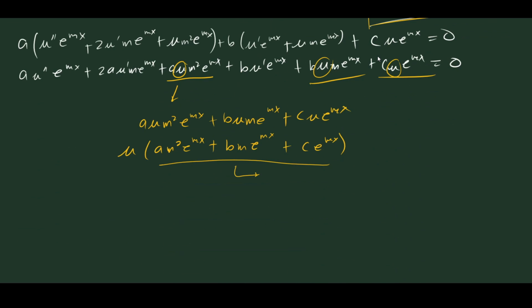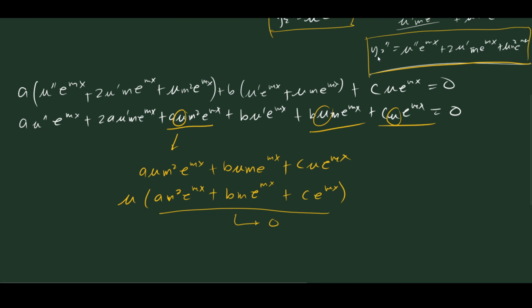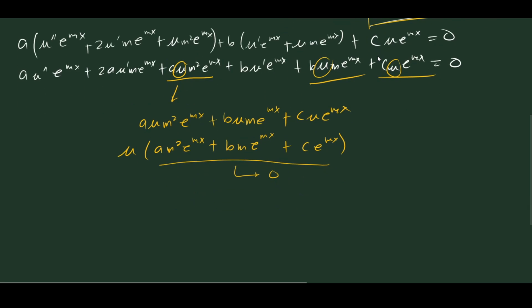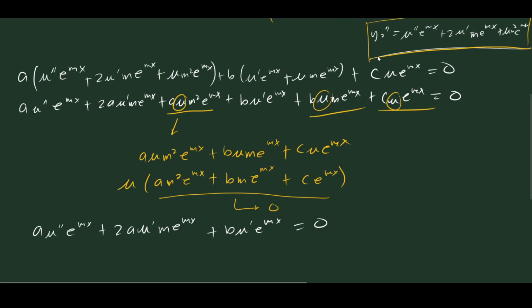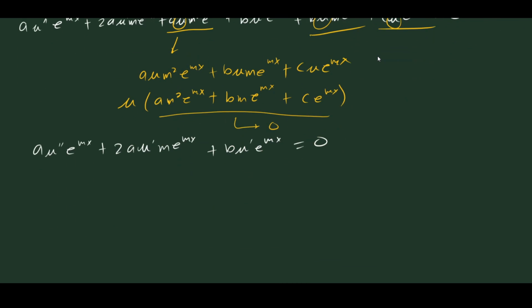So this will evaluate to 0. So therefore, these three terms right here will be simplified to 0. So we will be left with a mu double prime e raised to mx plus 2a mu prime m e raised to mx plus b mu prime e raised to mx is equal to 0. Okay, so there you have it. This is a lot simpler now.